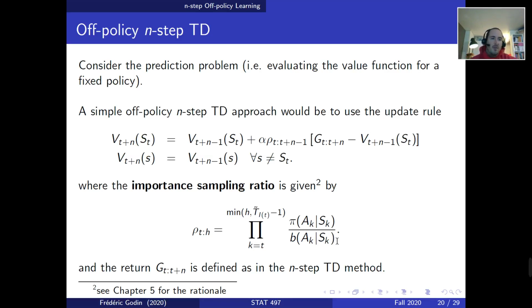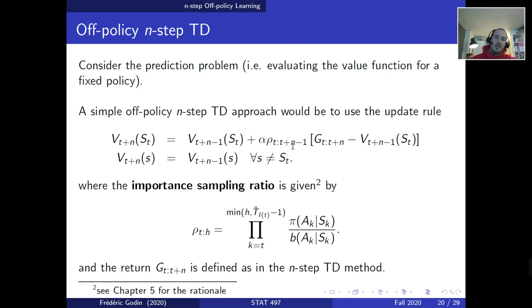Or if the episode doesn't finish before the next n steps, then this product contains exactly terms for t plus 1, t plus 2 until time h. Okay, so here what we see is we have rho t plus n minus 1.